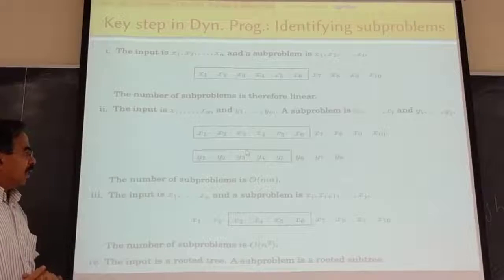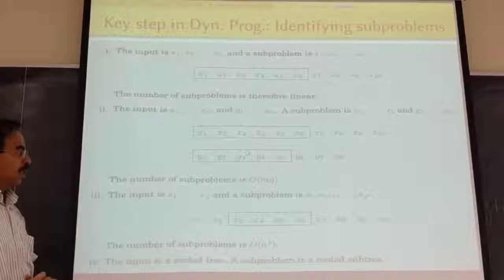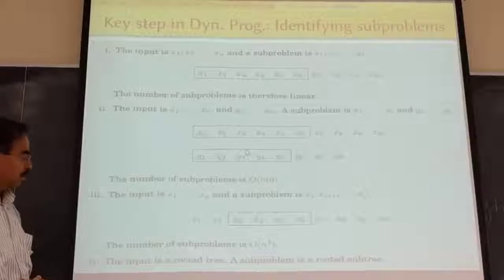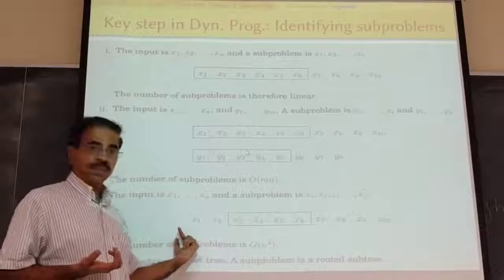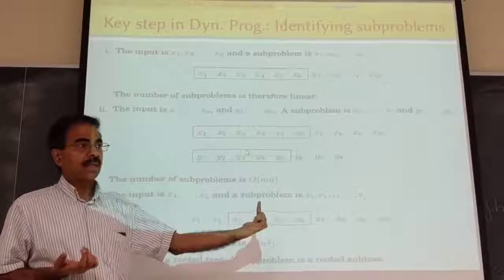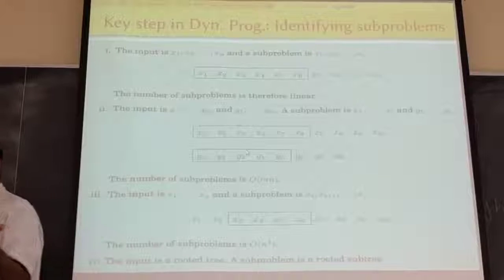Sometimes the subproblems correspond to a substring. Okay? And what is the possible number of substrings? N squared, right? Because the substring can start in any of the positions 1 through n, and it can end in any of the positions 1 through n.